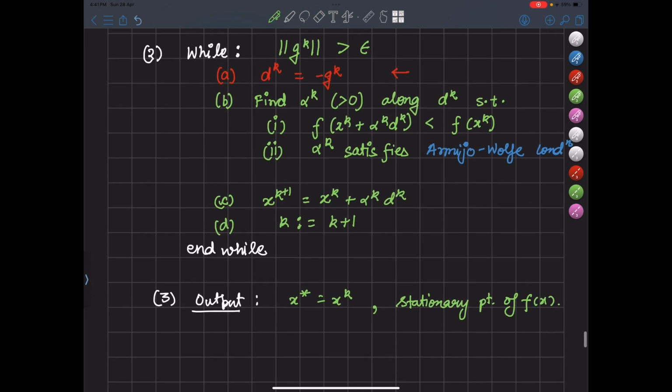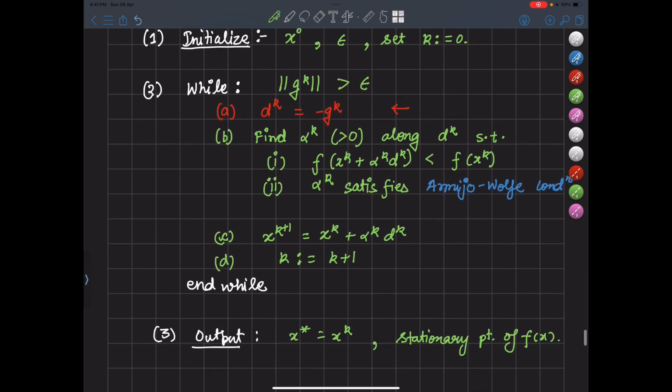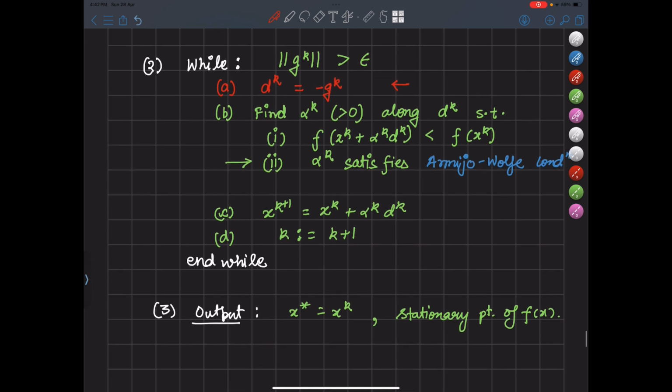Now one more thing is that we also saw the backtracking algorithm, right, which was used in Armijo. So here in this step you can use backtracking line search or exact line search, whatever you want to do. Exact line search has a computational problem, but backtracking does not have that, so you can do either one of them.